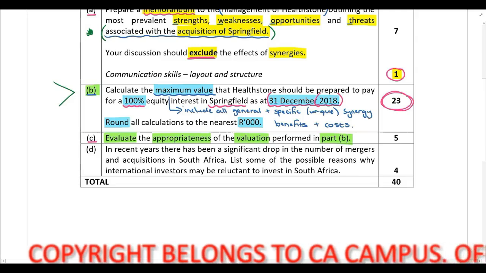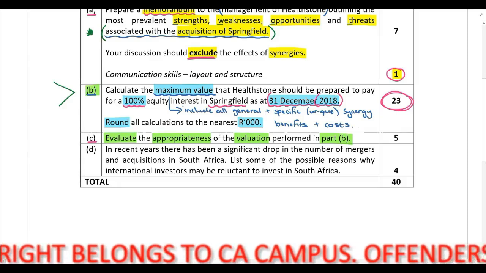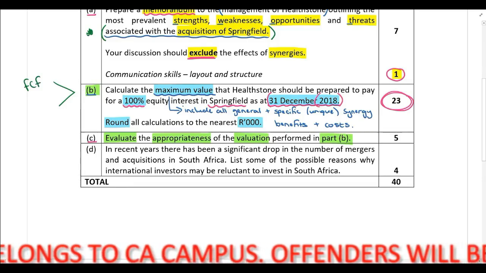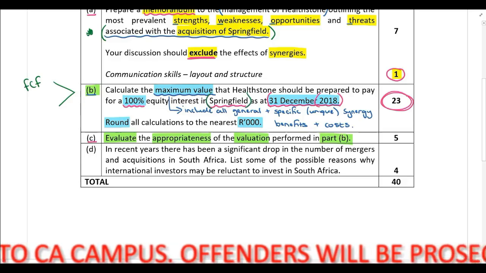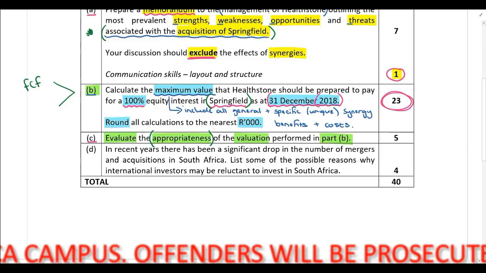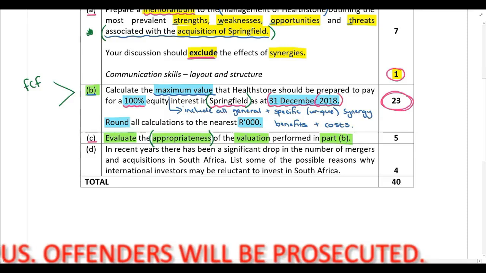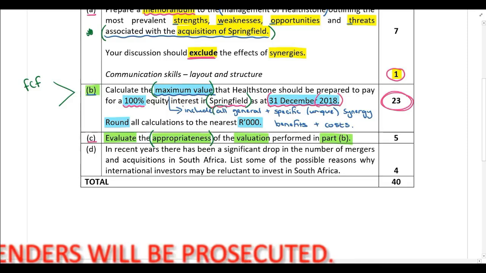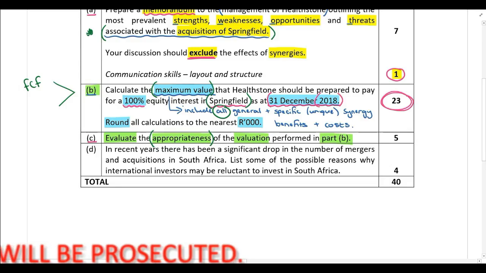First, when we are evaluating the appropriateness of our calculation in part B, we need to discuss whether it's appropriate to use the free cash flow method or not. So should we have performed this valuation of Springfield using the free cash flow method? Is that method appropriate? In addition to that, when performing this calculation, we were calculating the maximum value, which includes all general as well as specific or unique synergy benefits and costs.